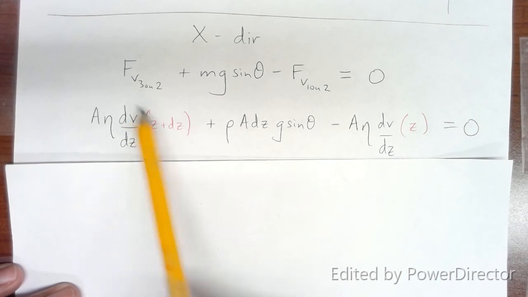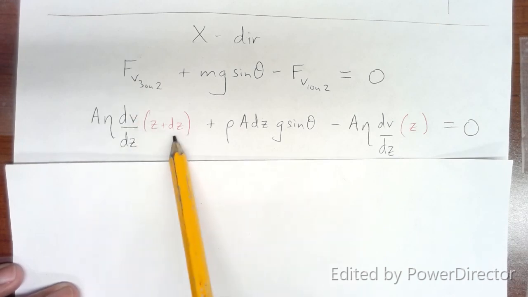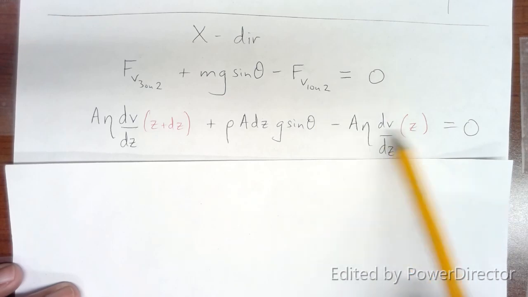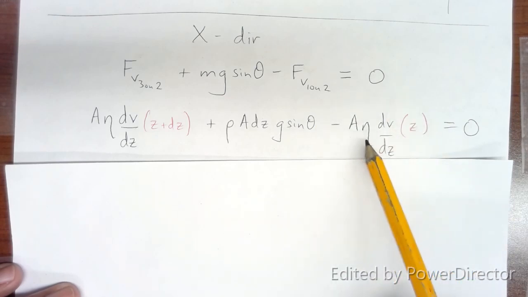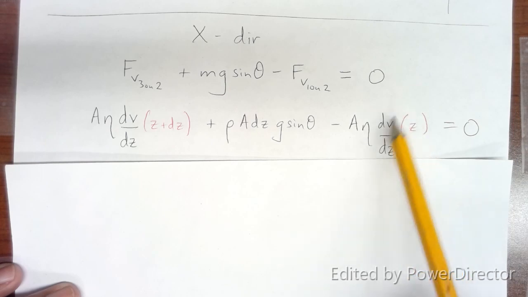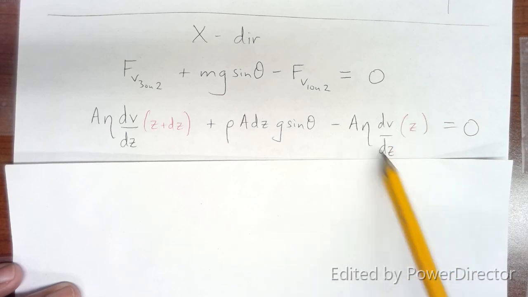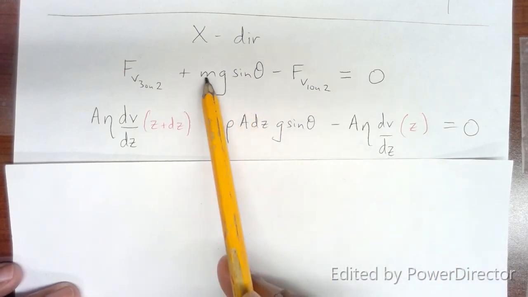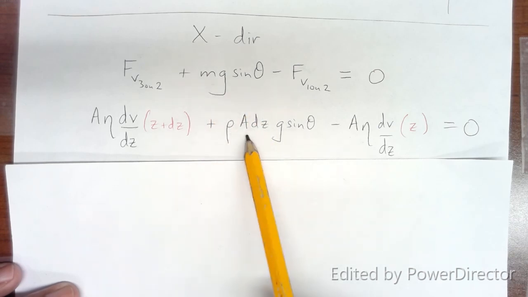So this velocity gradient, which changes with position, must be evaluated at z plus dz. Similarly, the viscous force of 1 on 2, again we have the area of contact, the coefficient of viscosity, and the velocity gradient evaluated at position z. Finally, we have the mg sine theta term, and again we replace the mass with the density times the volume of the layer, which is A dz.